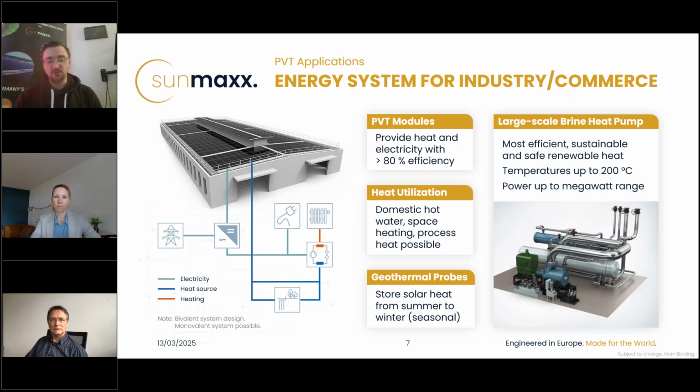But in these projects, we most of the time combine it so that we have a so-called bivalent system. We have a second source for the brine heat pump. In this case, it could be an earth probe or an earth collector or an ice tank, etc.